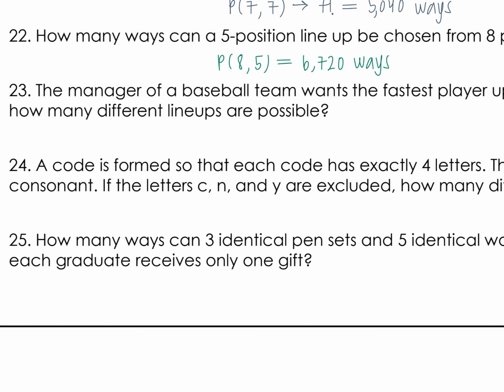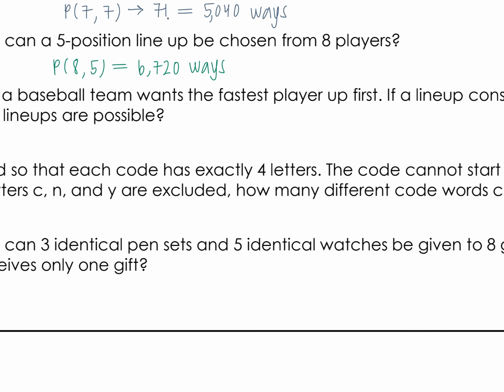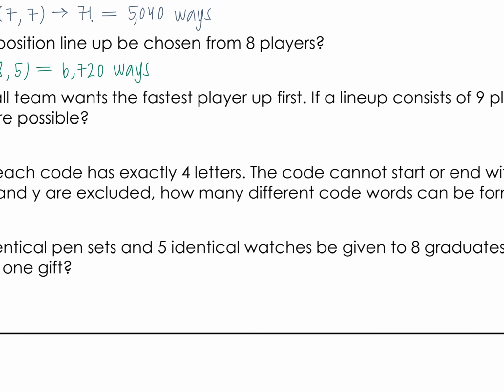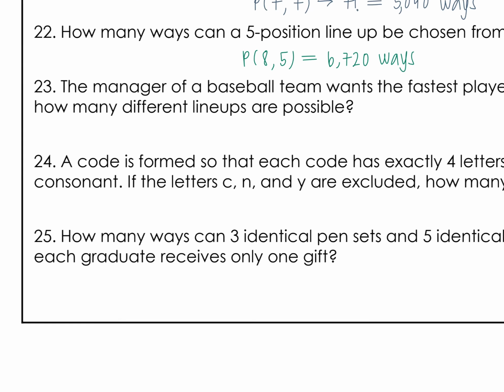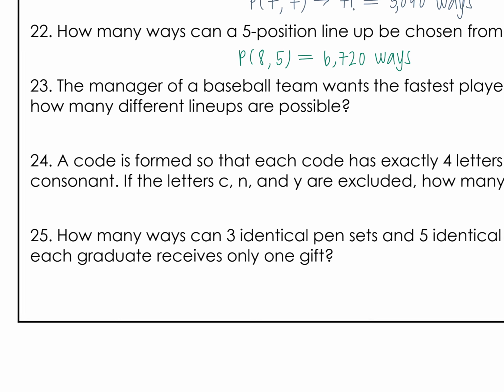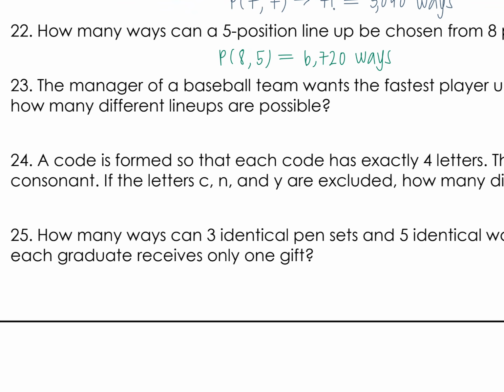Okay, number 23. The manager of a baseball team wants the fastest player up first. Okay, so if a lineup consists of 9 players, how many different lineups are possible? Well, keep in mind, when you have your lineup and you want the first person to be the fastest, there's only one player that could be the fastest. So I'm going to have a 1 times.